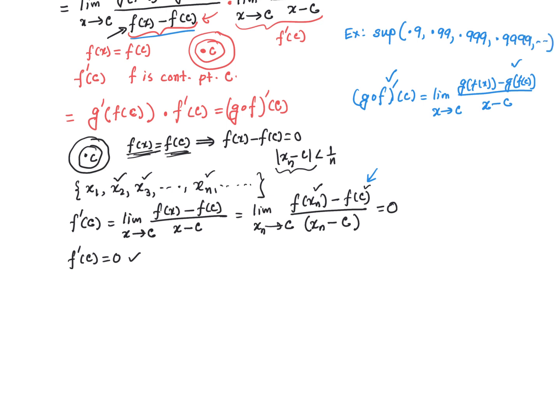As you can see, these numbers are increasing. This sequence is increasing to a value which is 1. It gets arbitrarily close to 1, but it never is equal to 1. None of the elements in this sequence is 1. Therefore, the supremum of this sequence is going to be 1.